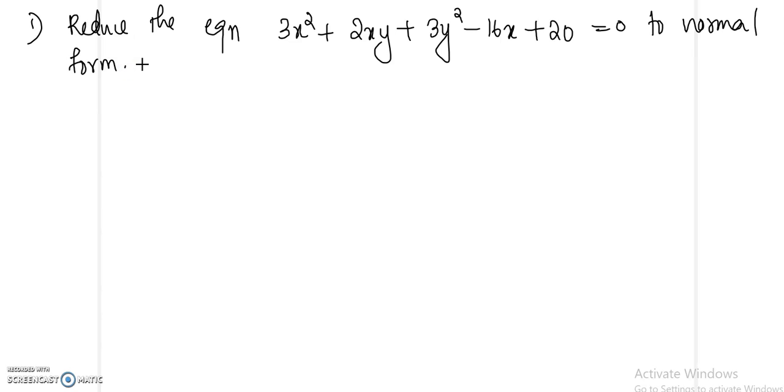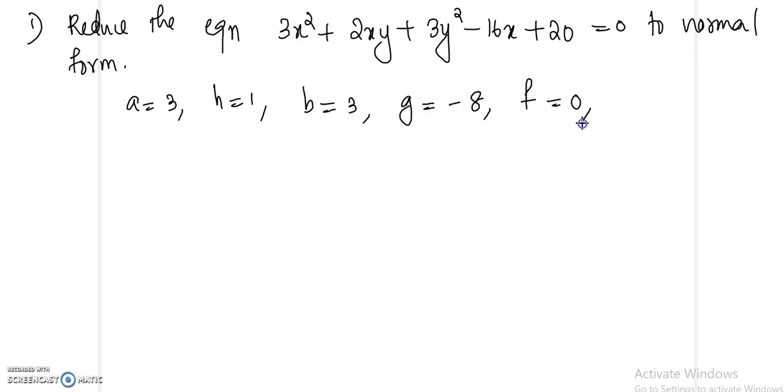So first let us look at the values of delta and D. So you have A equal to 3, H equal to 1, B equal to 3, and G is equal to -8, F is 0, and C is equal to 20.